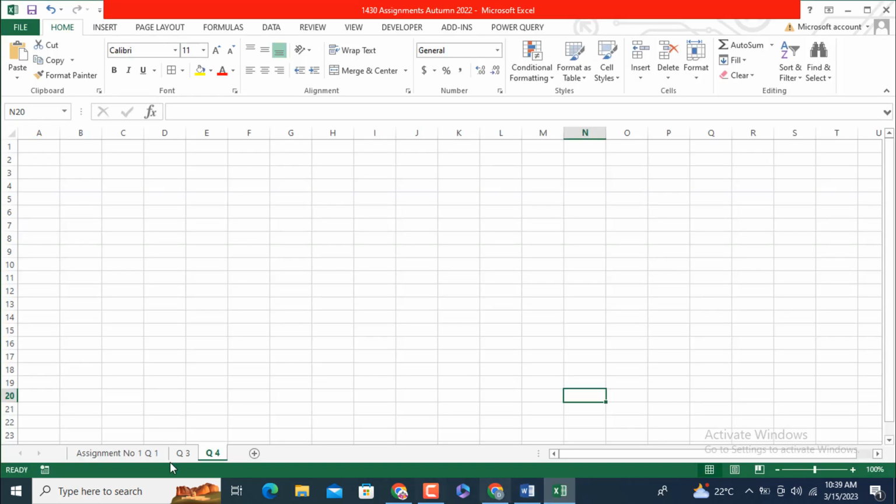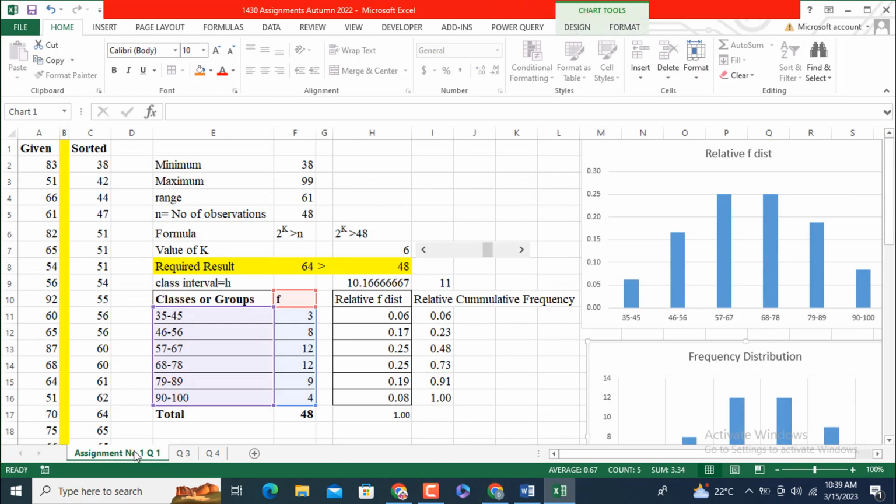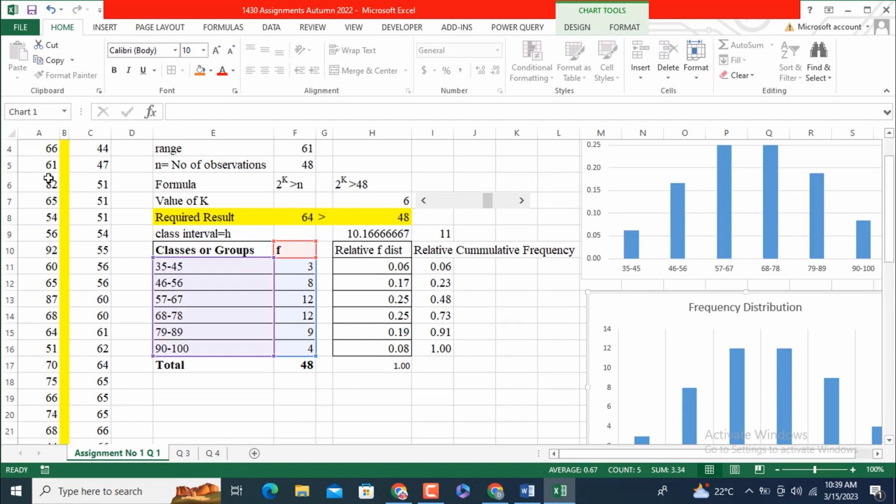Here is the solution. I think this is question number 2. Yes, question number 2. So look at this. I have taken data here as it is given in the statement, but it is not in array or range form.